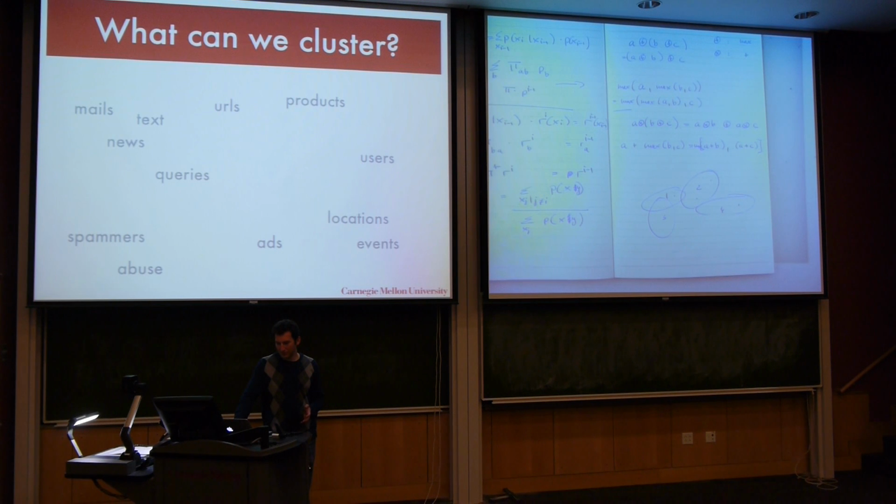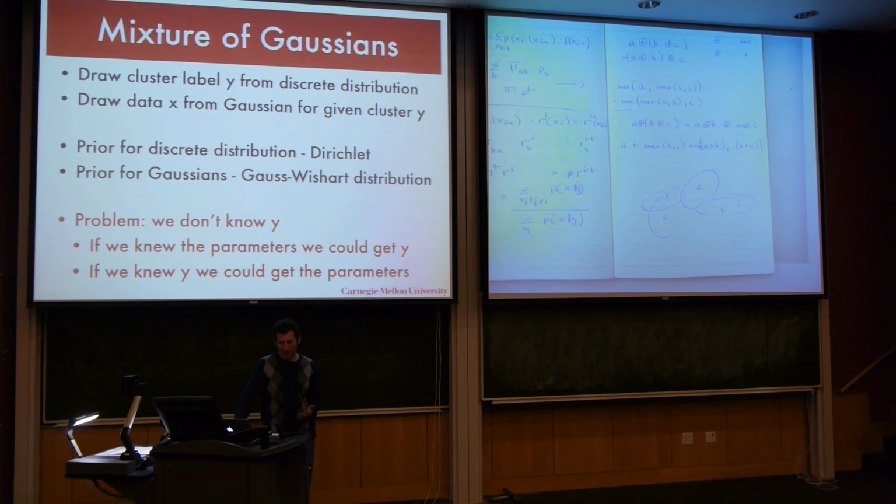So here's the simple thing, namely a mixture of Gaussians. It's probably by now 50, 60 years old at least. Actually older than that, I think 100 years ago, this was used to model the distribution over different crabs in Naples.